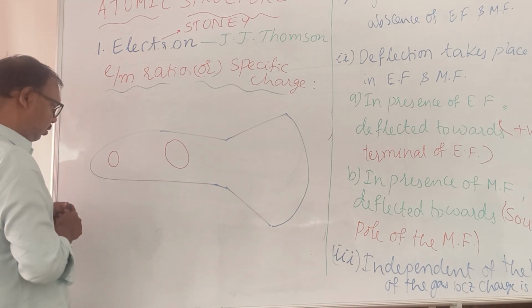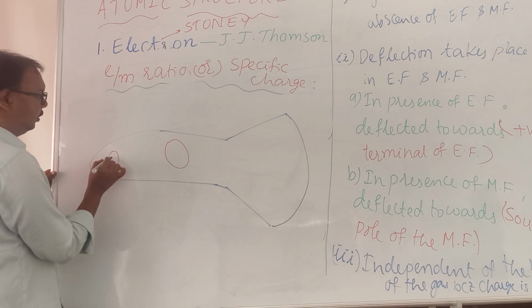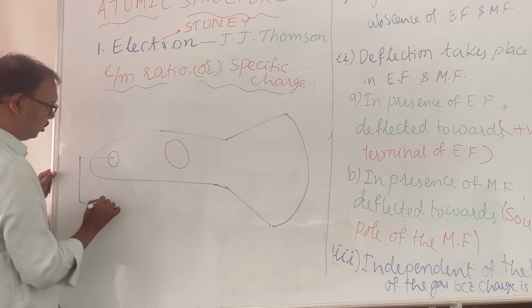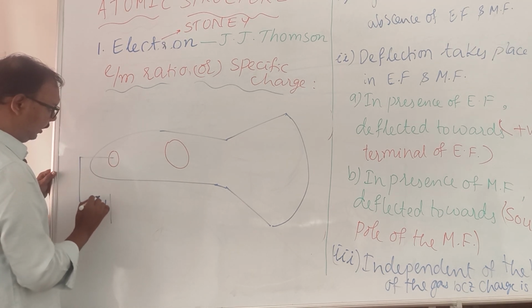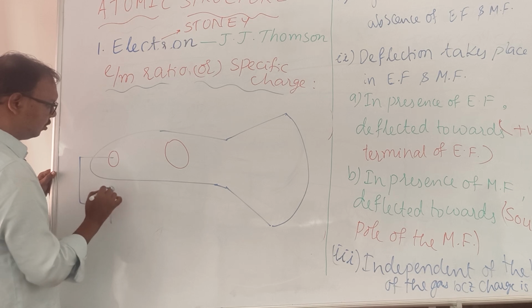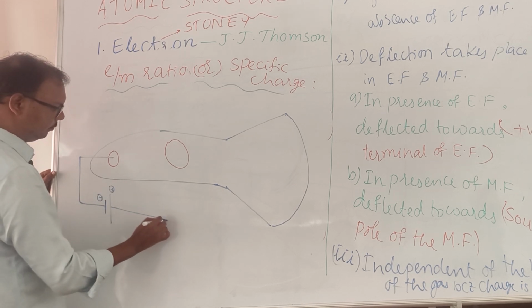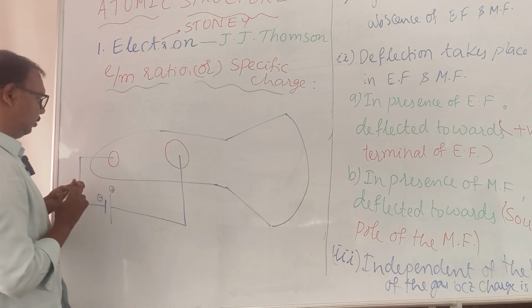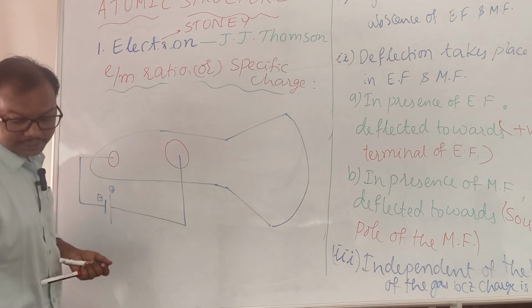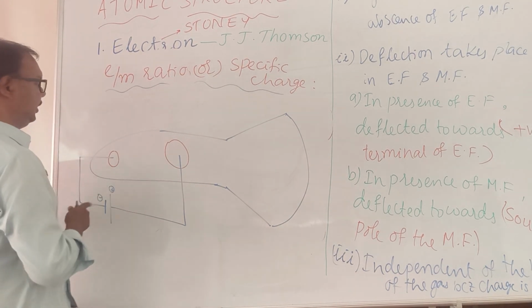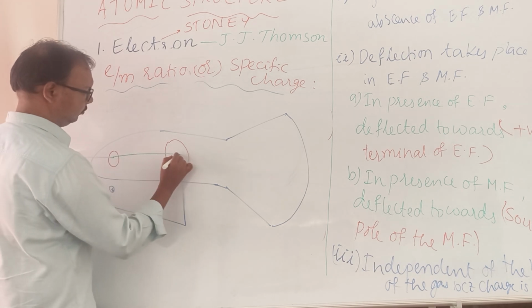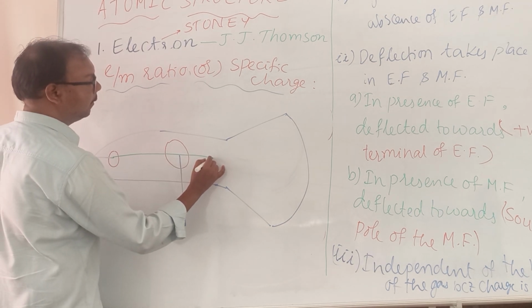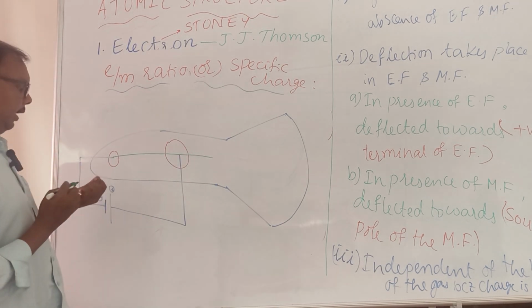It is the similar setup, also a cathode ray discharge tube, with the negative terminal and the positive terminal, meaning the battery. These rays travel in straight line directions in absence of electric and magnetic field.